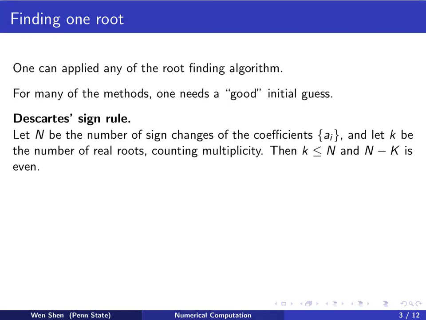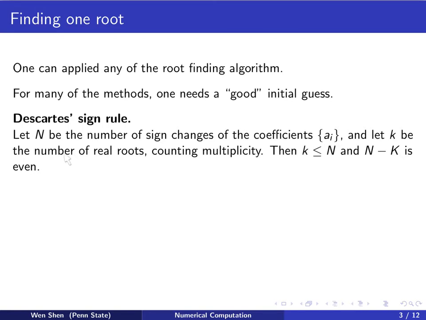There are some existing theorems or results that one can use to roughly locate an interval that contains the roots, or have a rough idea of how many roots one could expect. The first one is Descartes' sign rule.